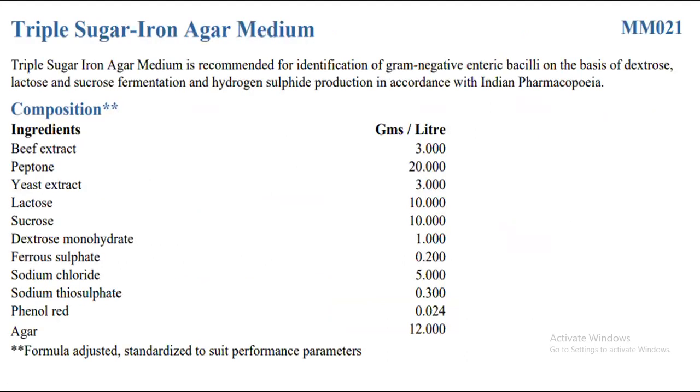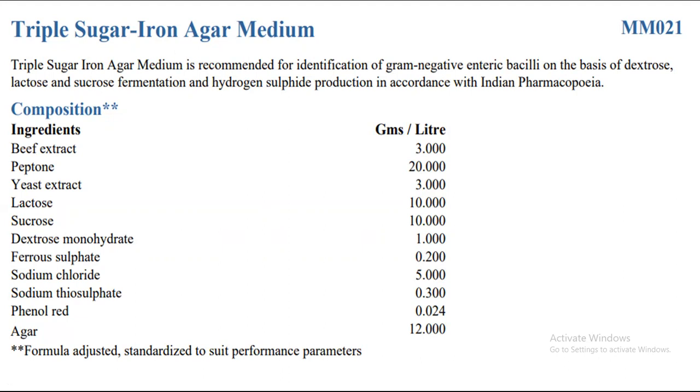If I come to the composition of it, triple sugar iron media consists of beef extract, peptone, and yeast extract. These components are used to provide amino acids and different other nutrients to the microorganism.